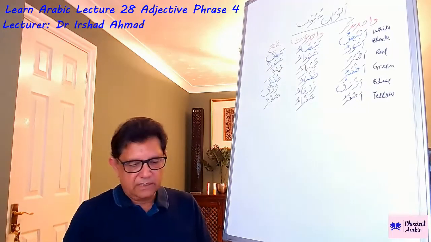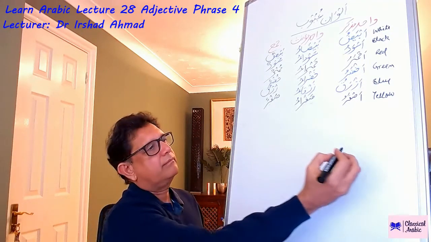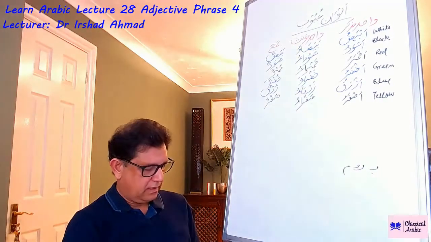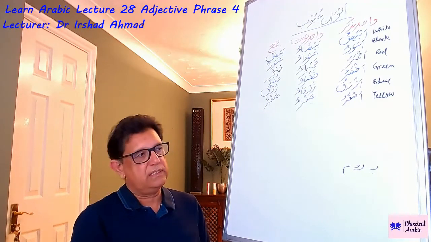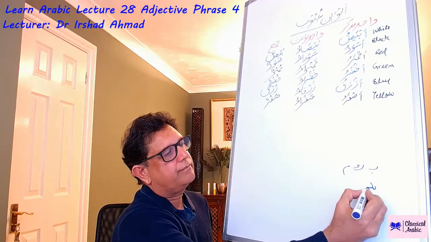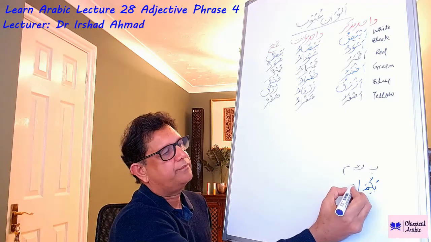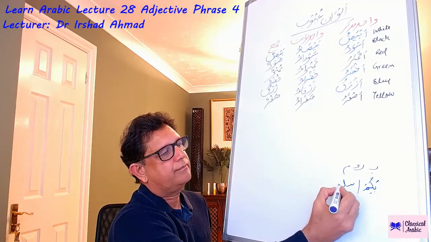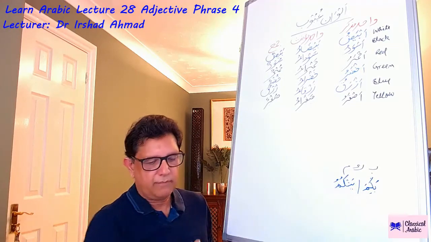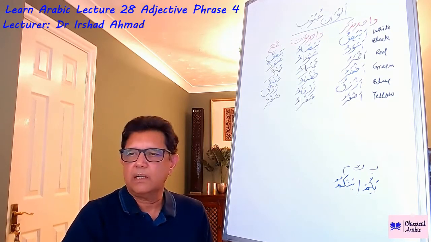I have, for example, a root which is ba, kaf, mim. If I do Madi and Mudari with this, that will be bakima yabkamu, which means to be mute, unable to speak.